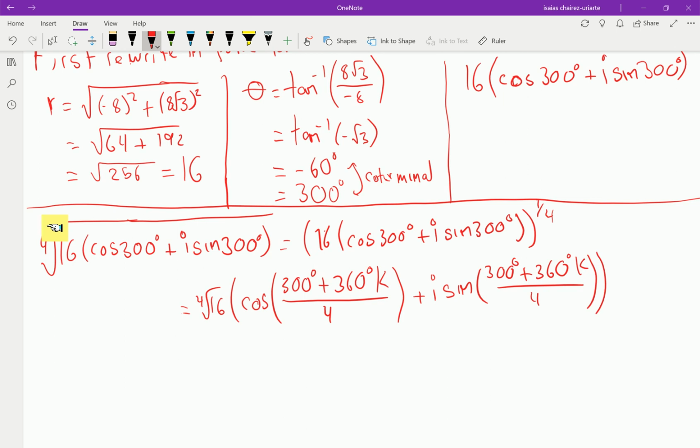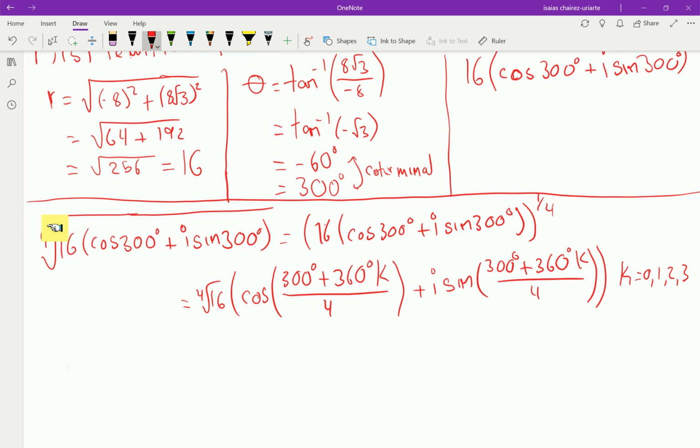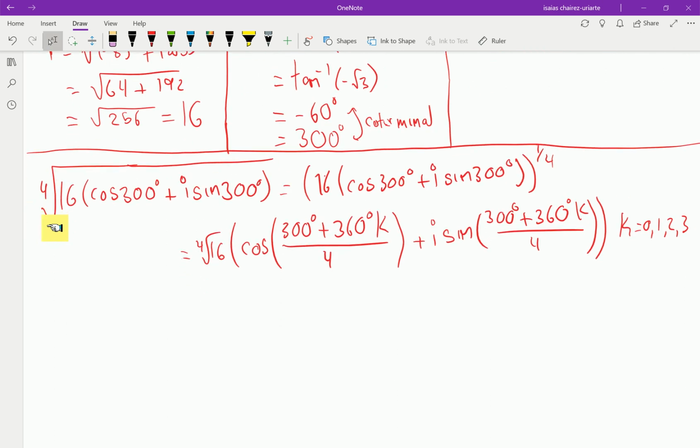And remember that k goes from 0, 1, 2 to 3. And so for each value of k, I'm going to get a different root. I'm going to have 1, 2, 3, 4 of them.